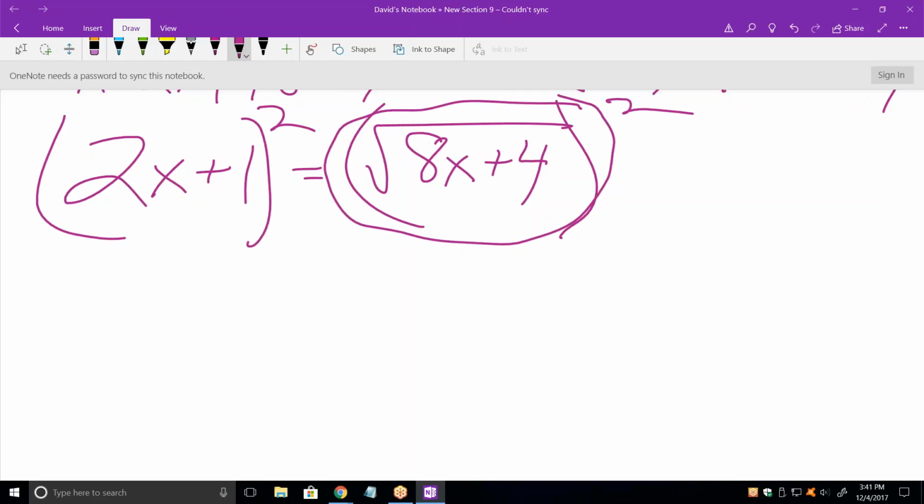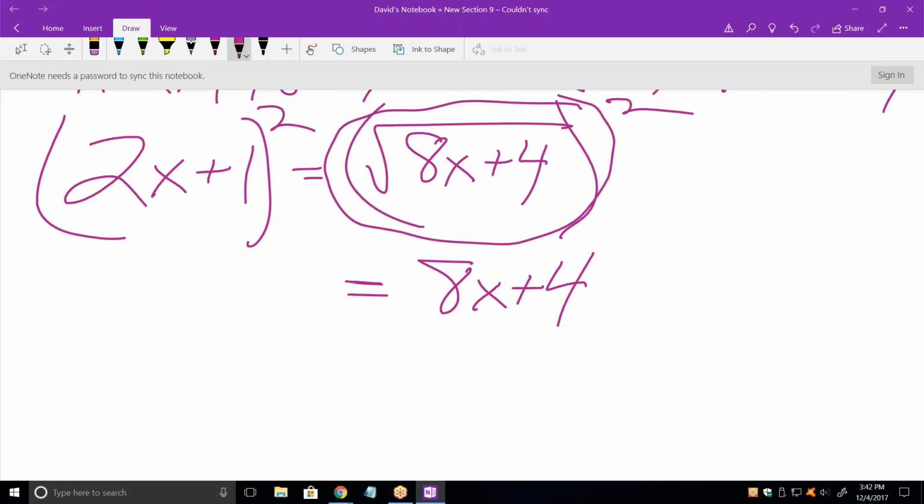Now, what do you get on the right? Just 8x plus 4. What do you get on the left? Do you have to do the FOIL? Yes. In other words, that means 2x plus 1 times 2x plus 1.